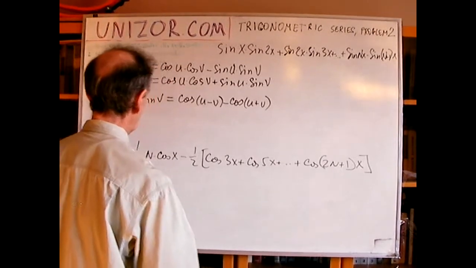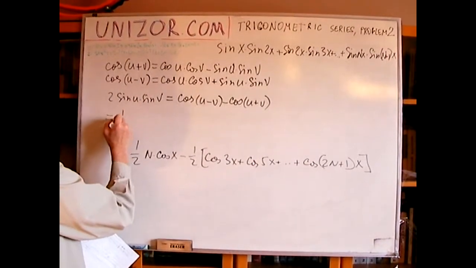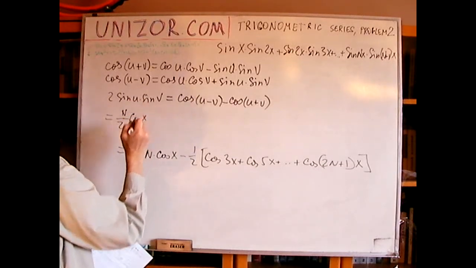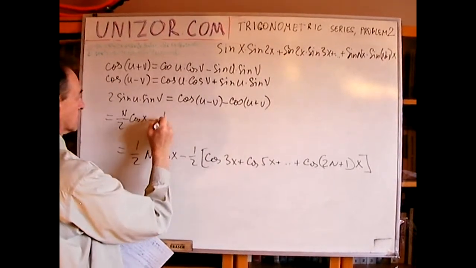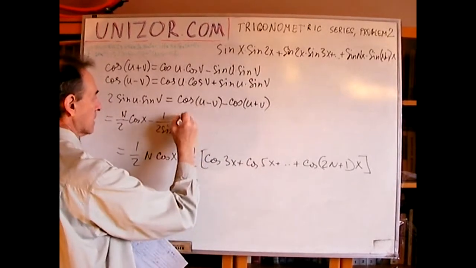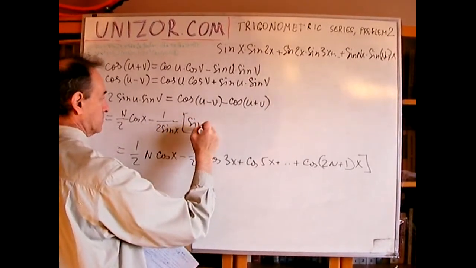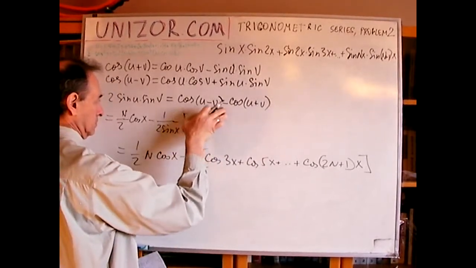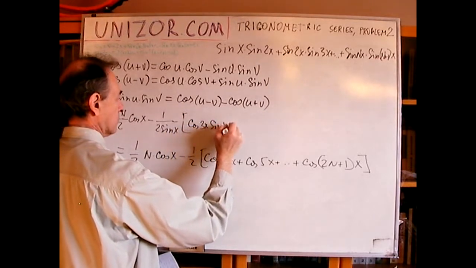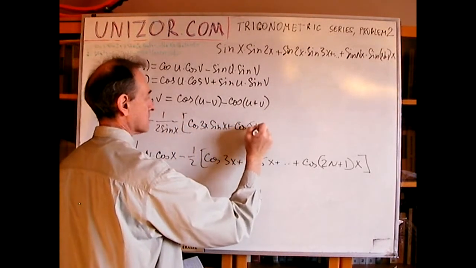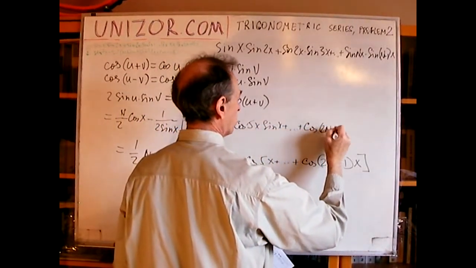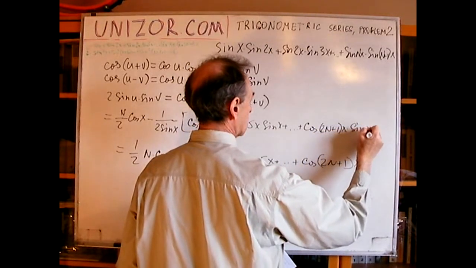All right. So I divide by sine x, and I multiply everything by sine of x. Cosine 3x sine x plus cosine 5x sine x plus cosine of (2n plus 1)x sine x.